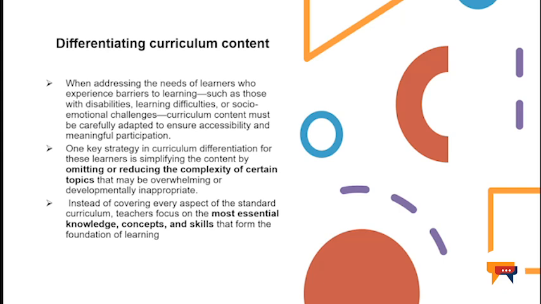One key strategy in curriculum differentiation for these learners is simplifying the content by omitting or reducing the complexity of certain topics that may be overwhelming or developmentally inappropriate. Instead of covering every aspect of the standard curriculum, teachers focus on the most essential knowledge, concepts, and skills that form the foundation of learning.